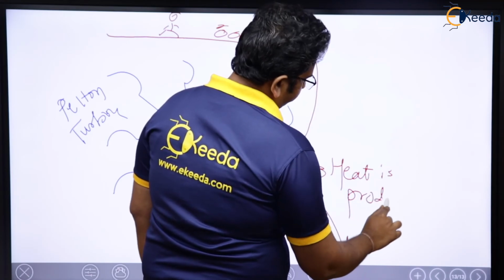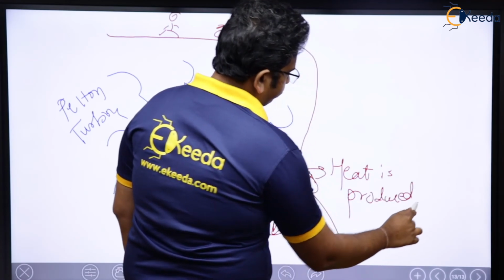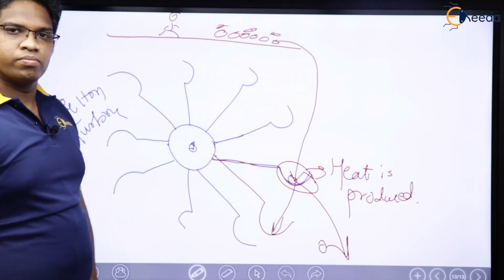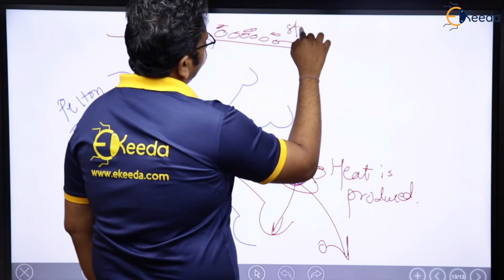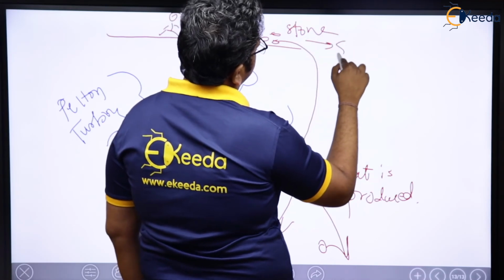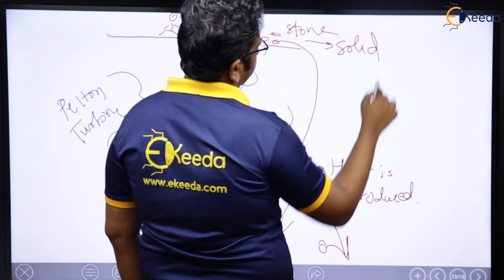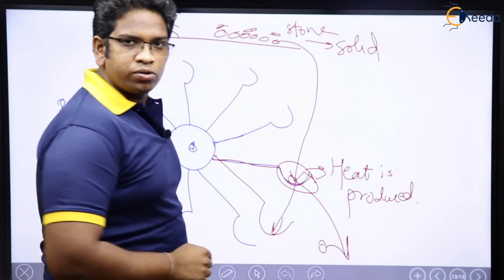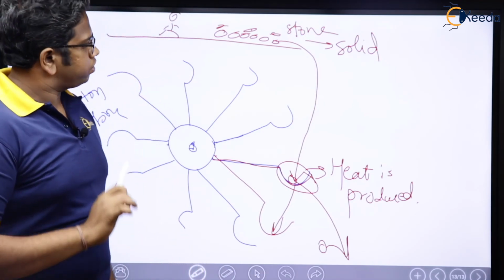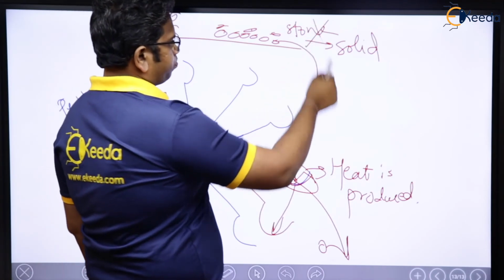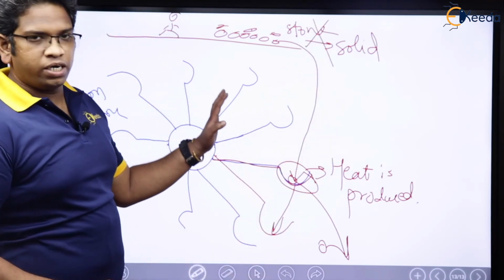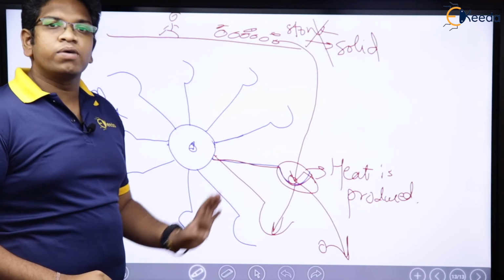Now, tell me, what is stone? Solid, liquid or gas? Solid only. In practical things, we are not going to use stone, but this is just for understanding purpose that heat is going to be produced.